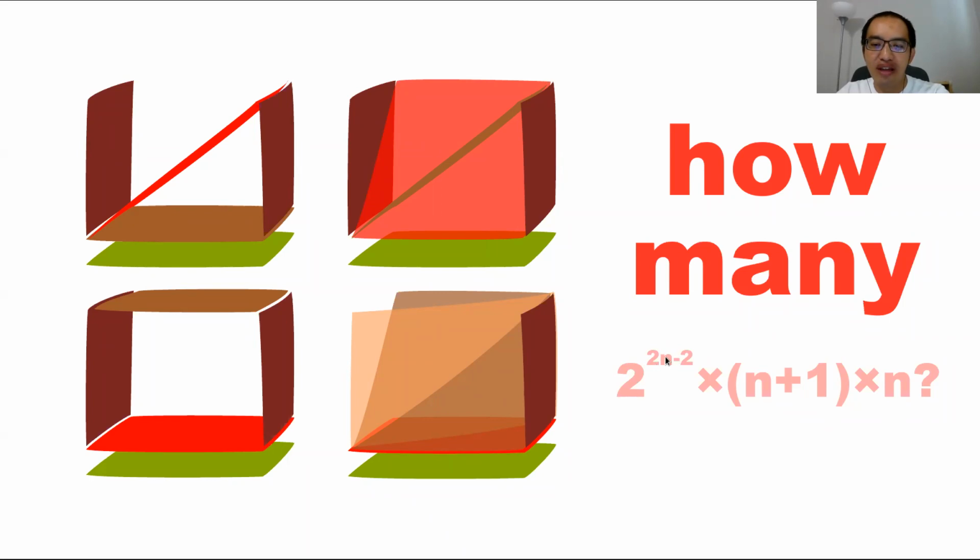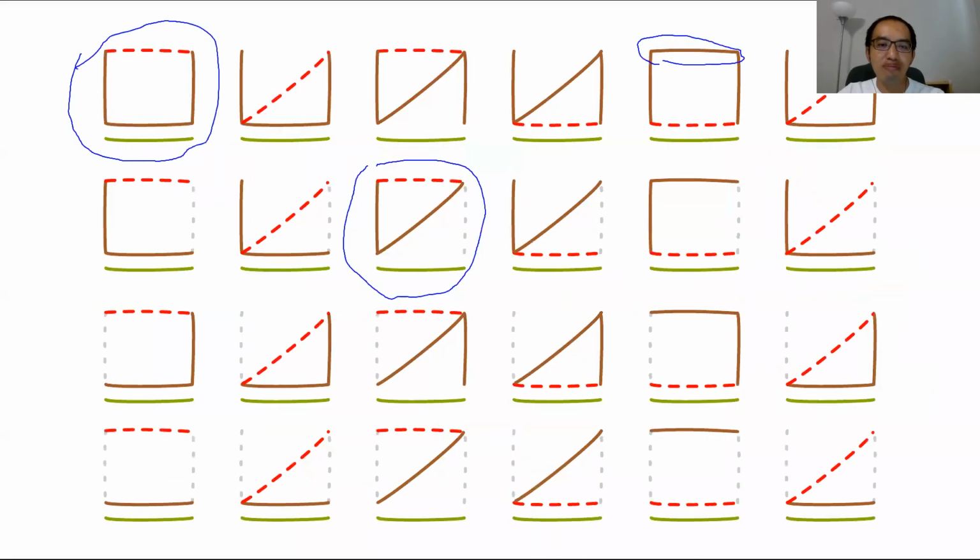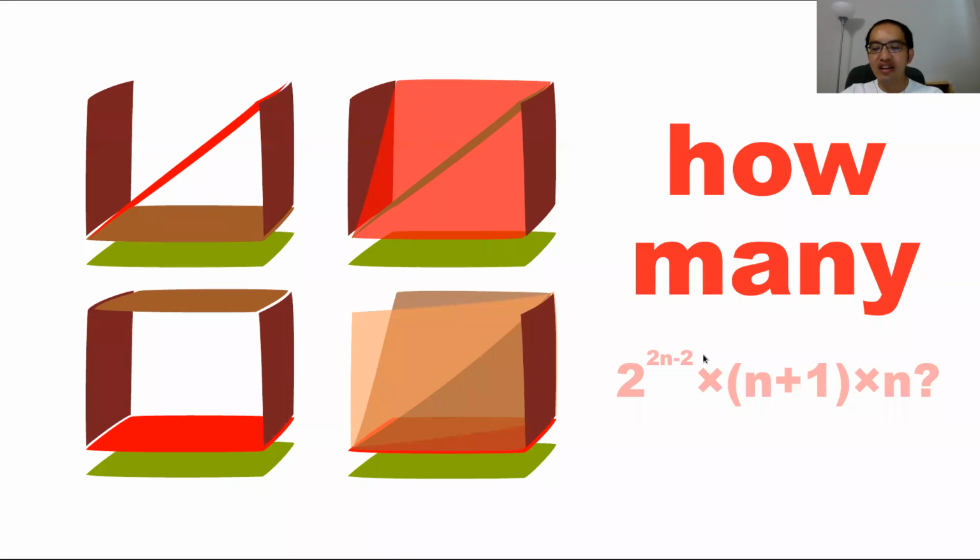At least when n is 2, 2 to the n minus 2, so this is 4 times 3, that could give you 24, which will match the number of these. So when n is 2, it is correct.